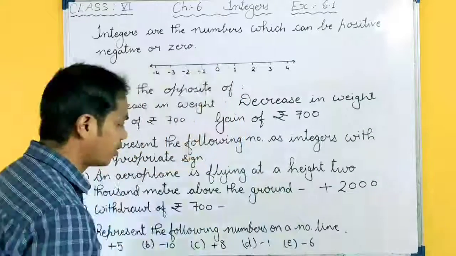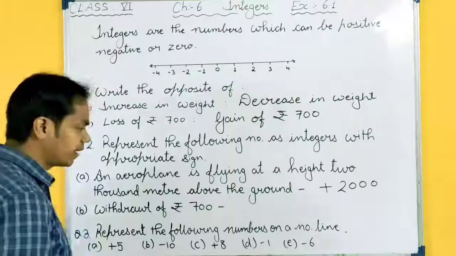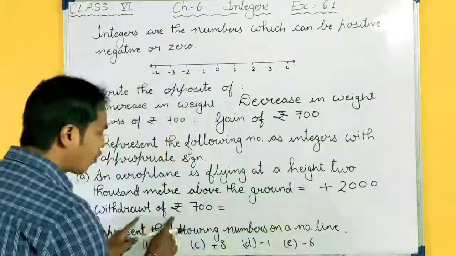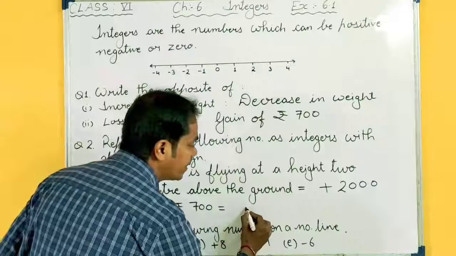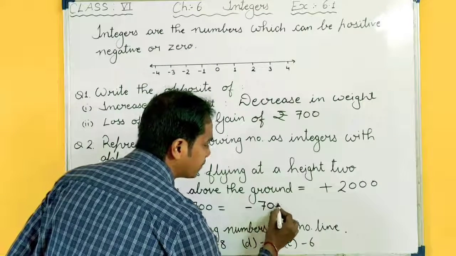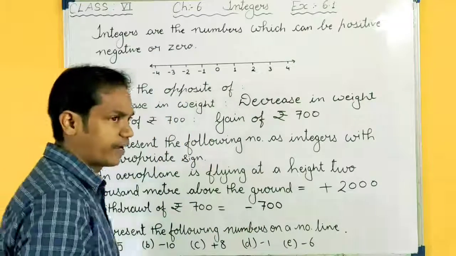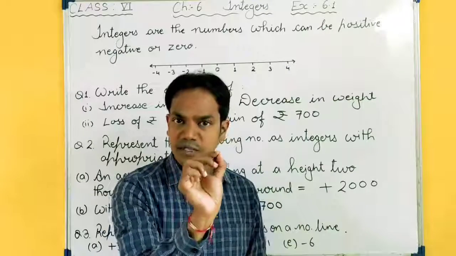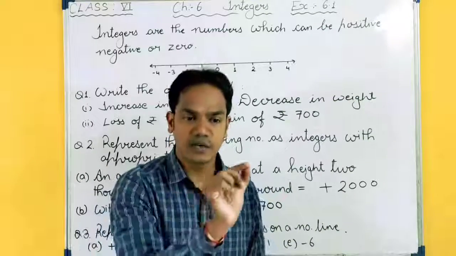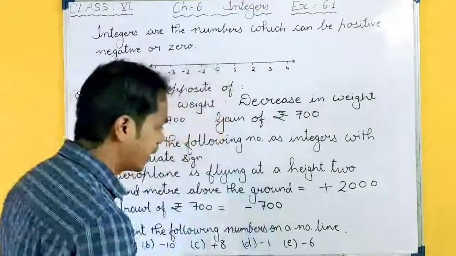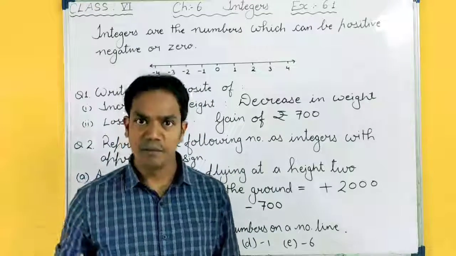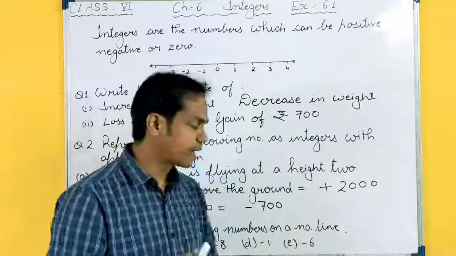So withdrawal of rupees 700 will be represented by minus 700. You can see this on an ATM receipt: when you withdraw, you see the minus sign, and when you deposit, you get the plus sign. So minus represents that you have taken out your money from the bank or the ATM.